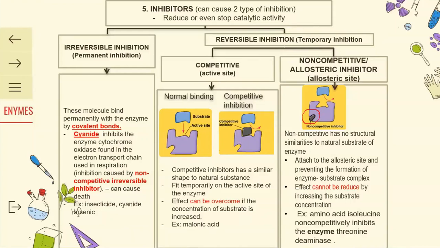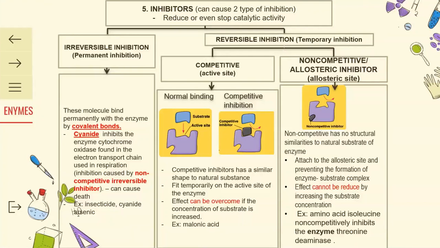So once the non-competitive inhibitor binds at the allosteric site, it will change the shape of the enzyme, and the shape of the active site also changes. So the substrate cannot bind at the active site.